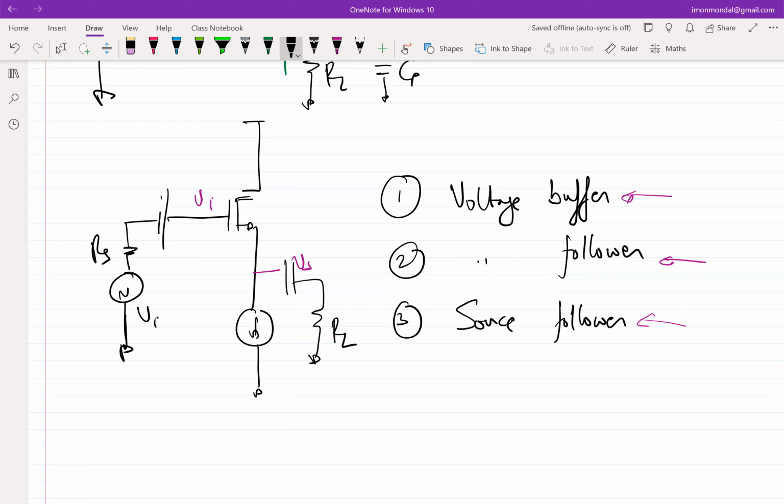You are shielding it, you are buffering it, and then connecting to the load. So you are buffering the voltage and sending it out to drive the load. That's why it's called a voltage buffer.